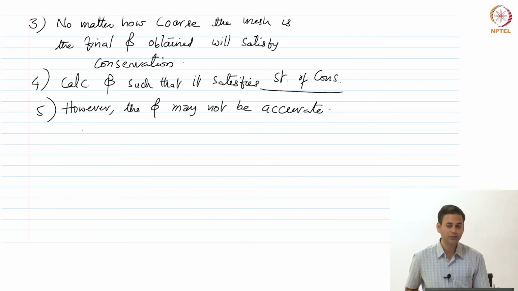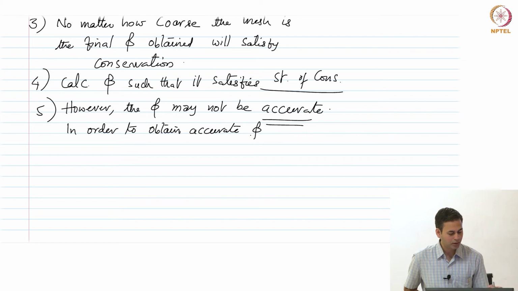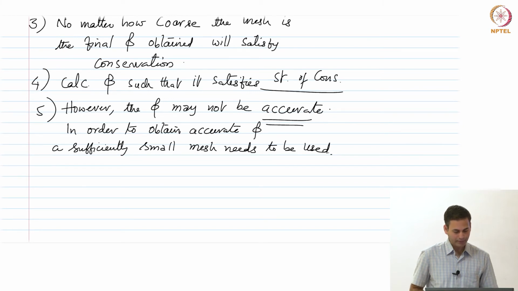So in order to obtain accurate phi, a sufficiently small mesh needs to be used. So accuracy is not guaranteed, but phi always satisfies conservation. But accuracy will be guaranteed if you go for finer and finer meshes.